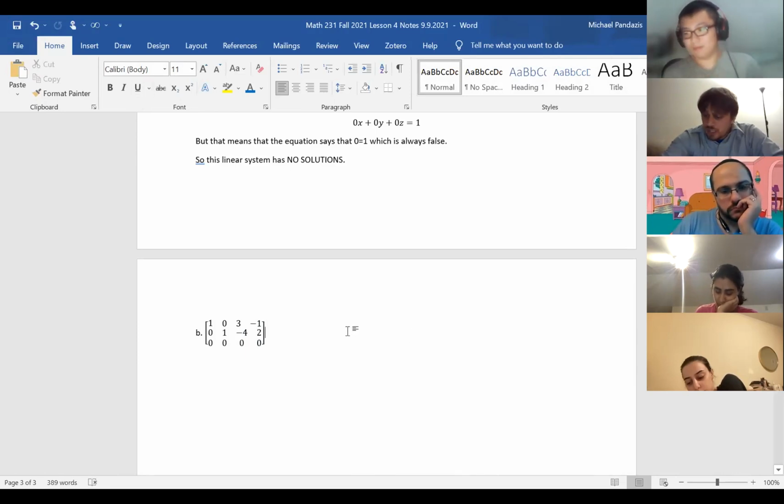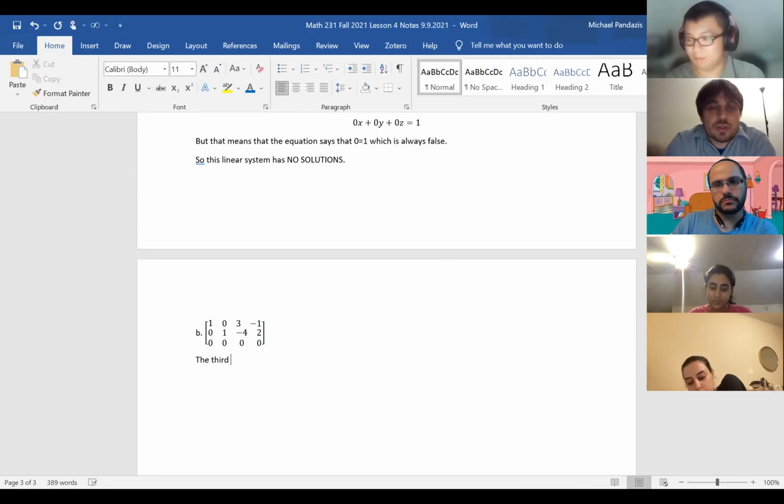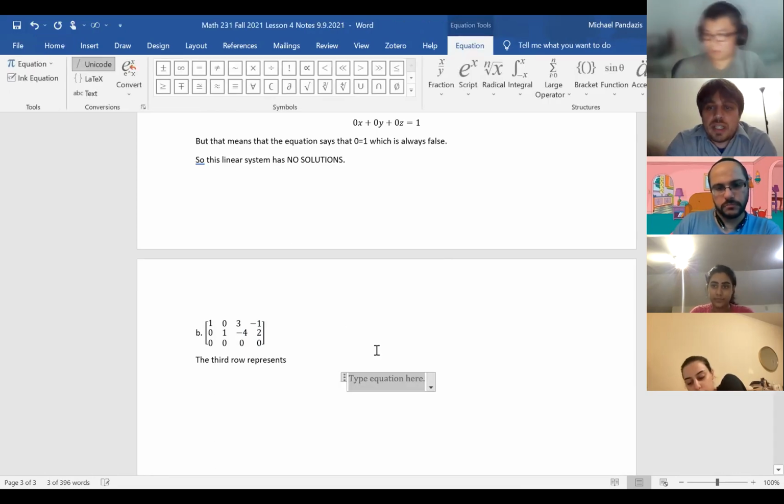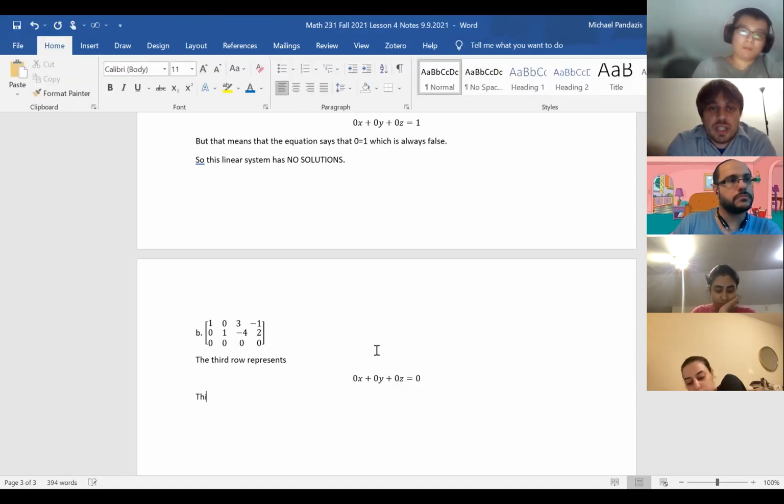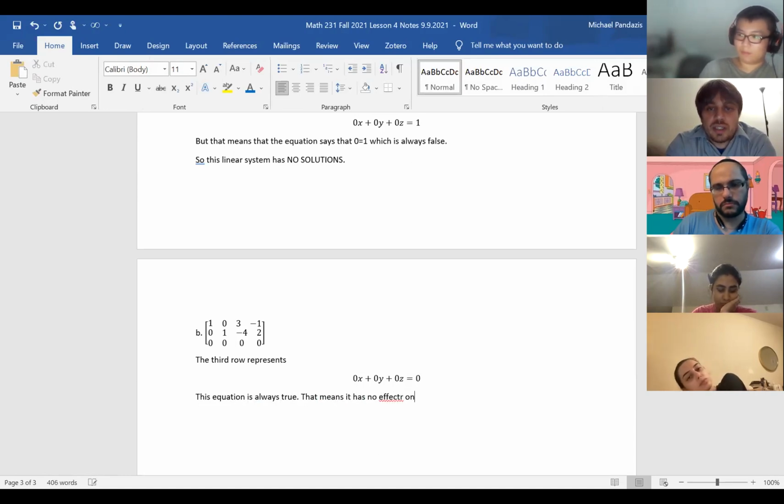Okay, so the third row represents the linear equation 0x plus 0y plus 0z is equal to 0. This equation is always true. That means it has no effect on the solution set of the linear system.